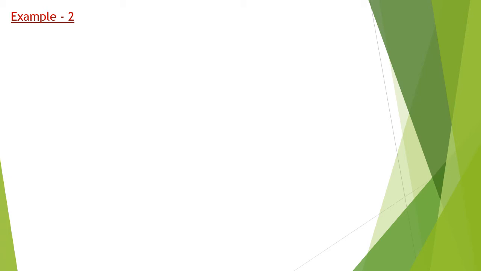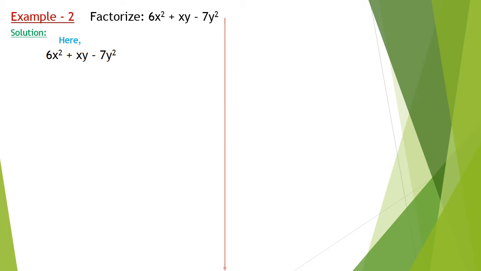Example 2, you can see on your screen: factorize 6x squared plus xy minus 7y squared. And let me ask you one thing, will there be any confusion in finding a, b and c?